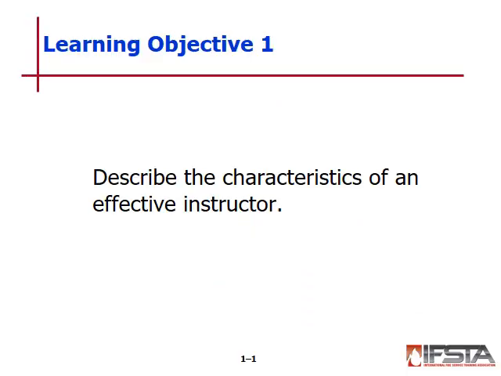Learning objective number 1. Describe the characteristics of an effective instructor. And before we go into this, it's important to know, gang, that of course training is vital to all fire and emergency service organizations. And what is training? Why do we do it?